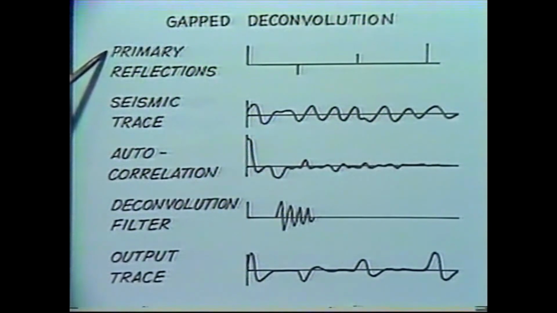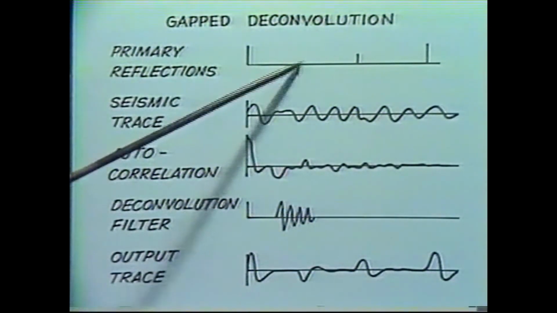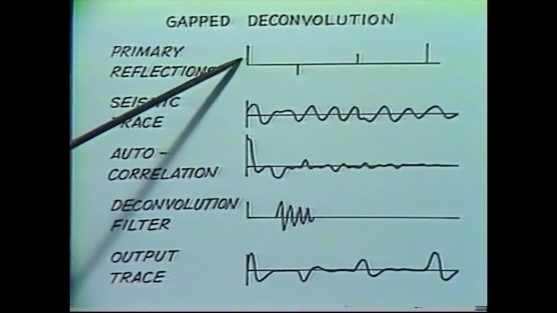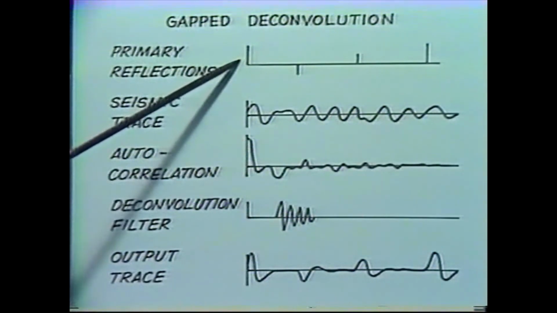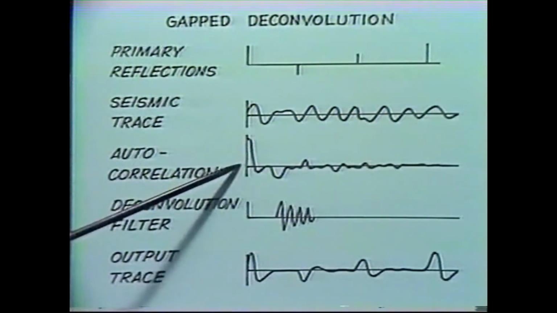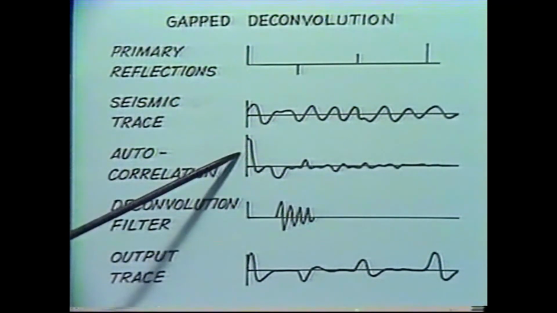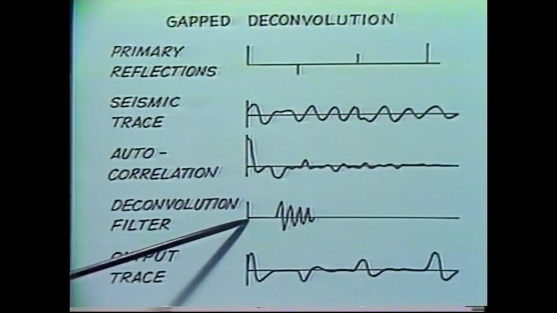The application of gap decon is illustrated in this diagram. We have a series of primary reflectors, just as we did in the illustration for whitening or spiking decon. The seismic trace is the convolution of this reflectivity function with a distorted shot pulse. We take the autocorrelation of the trace, which shows up the reverberation periods again, and then we design a filter which has this gap characteristic.